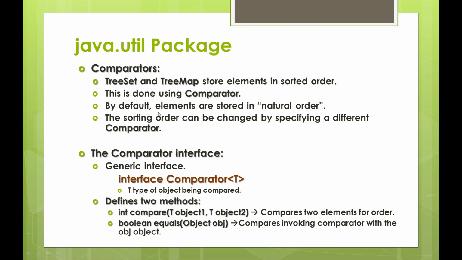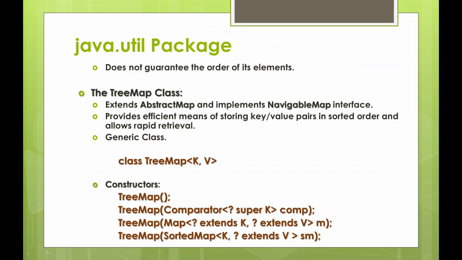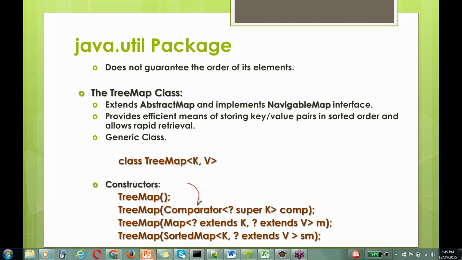We have seen in a couple of objects, right, constructors, where we have passed a comparator. So what does this object do? By default, tree map and tree set keep their objects in sorted order. By default, they use a comparator which is defined for what is called the natural order.